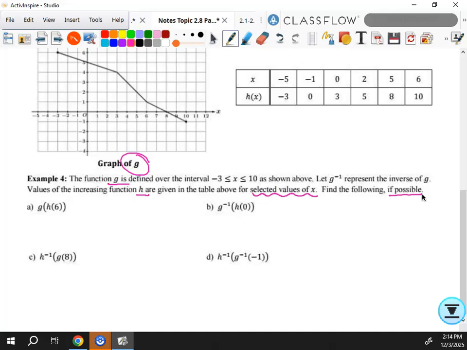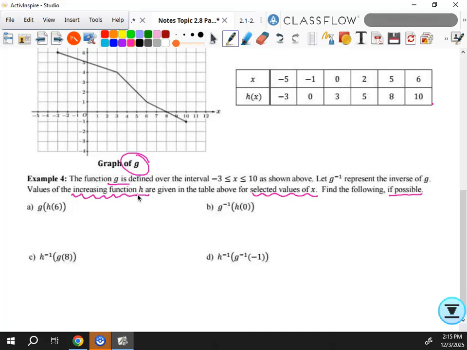So we have g. It said let g inverse represent the inverse. Is h going to have an inverse function? And how do we know for sure whether or not it will? Well, we don't necessarily have all of the points. Yes, exactly. Because it says values of the increasing function h.